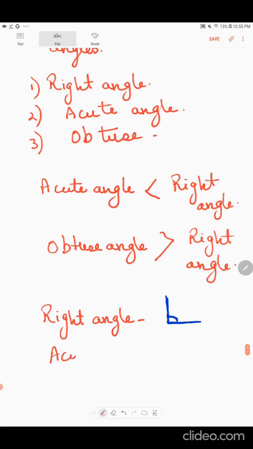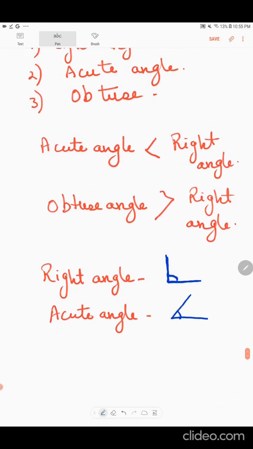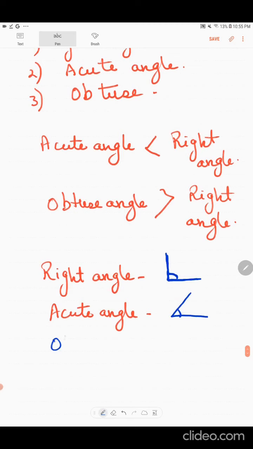An acute angle is smaller than a right angle, and an obtuse angle is bigger than a right angle.